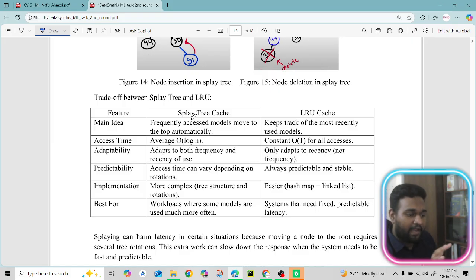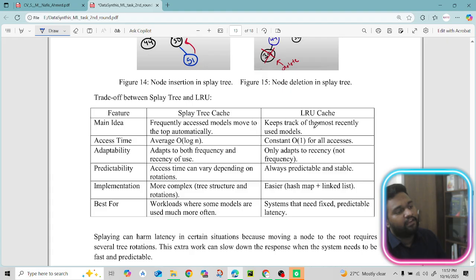It adapts to both, because the more I use a model, the closer it will be to the root node. And if I use it recently, it will itself become the root node.